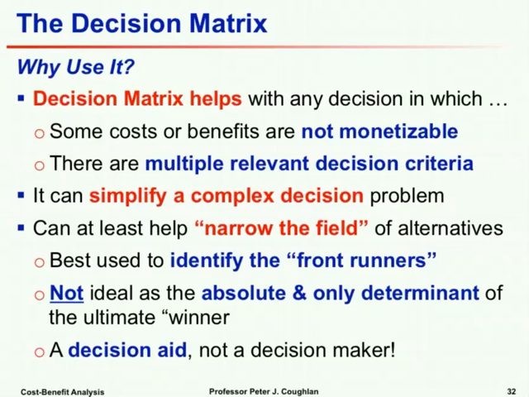But it's important to understand, as I said previously, it's a decision aid, not a decision maker. The idea is that it helps narrow the field of alternatives and focus attention. It's best used to identify the front runner, sort of, okay, courses of action 3 and 4 are clearly better than 1 and 2. It's not ideal as the absolute and only determinant of the ultimate winner, because of its subjective nature.